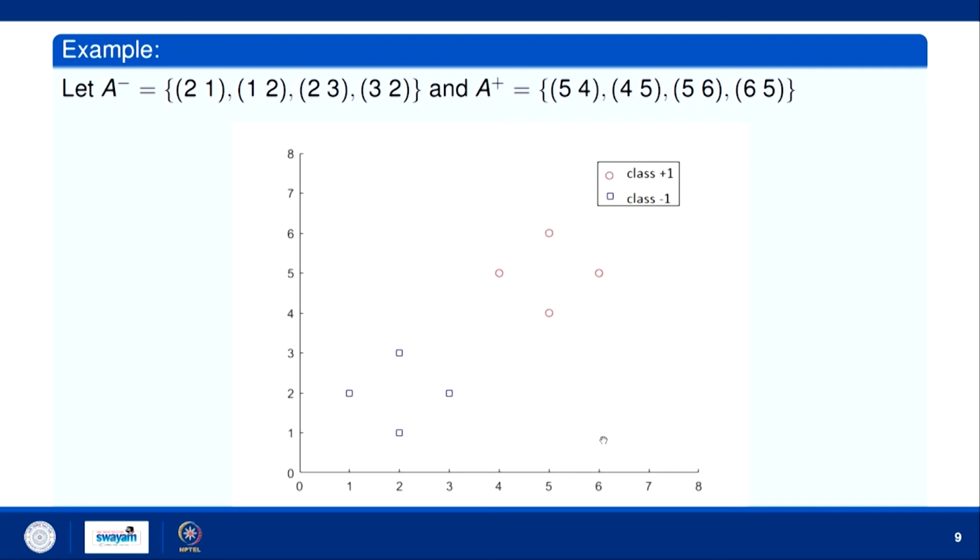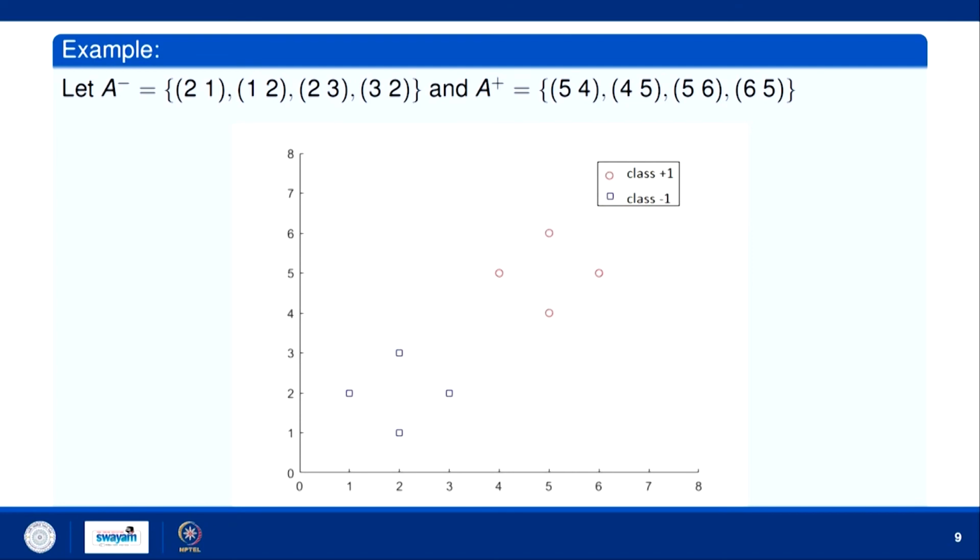Now, if I want to find out the optimal separating hyperplane, we have to construct a convex quadratic programming problem. So, how can I construct an equivalent convex quadratic programming problem? Let us see what patterns we are having here.